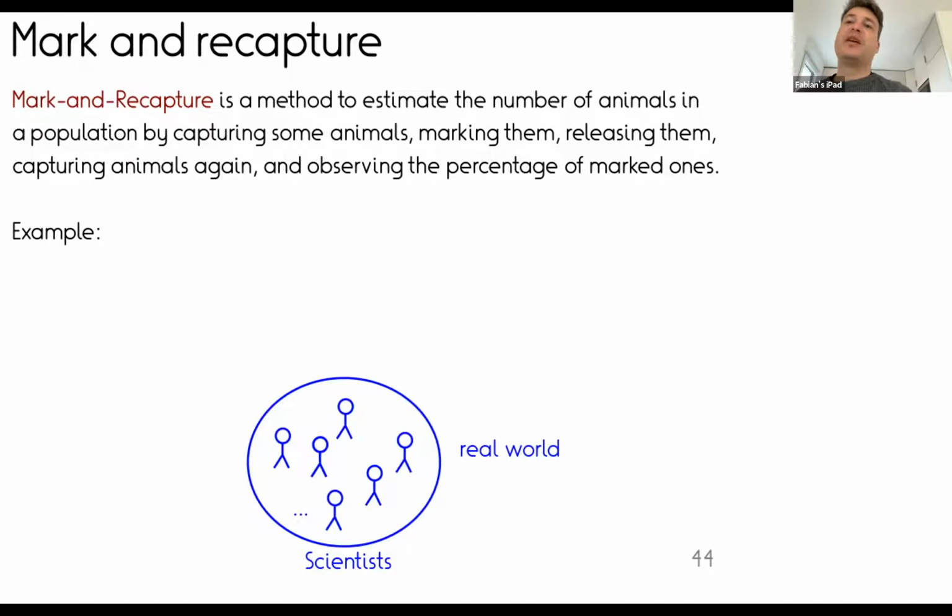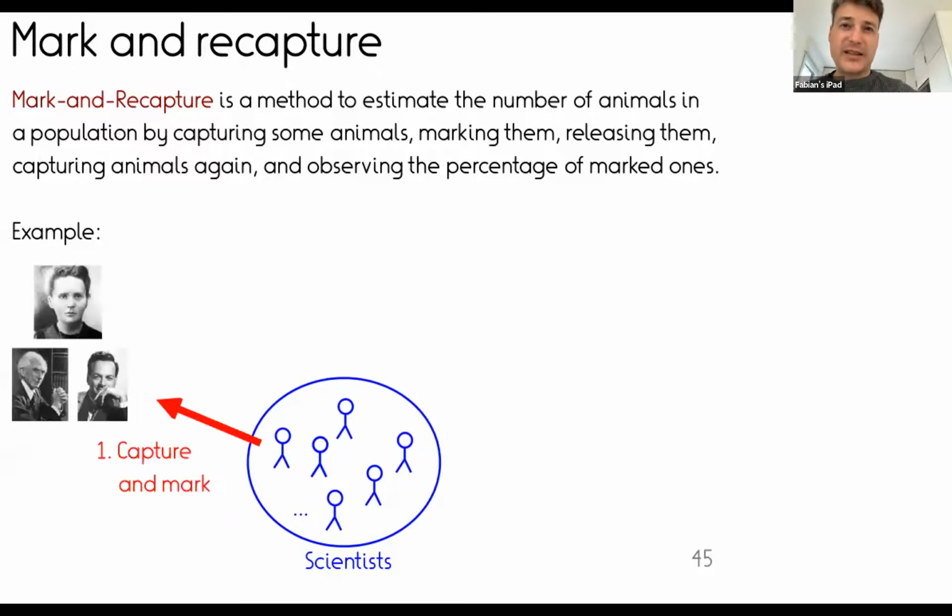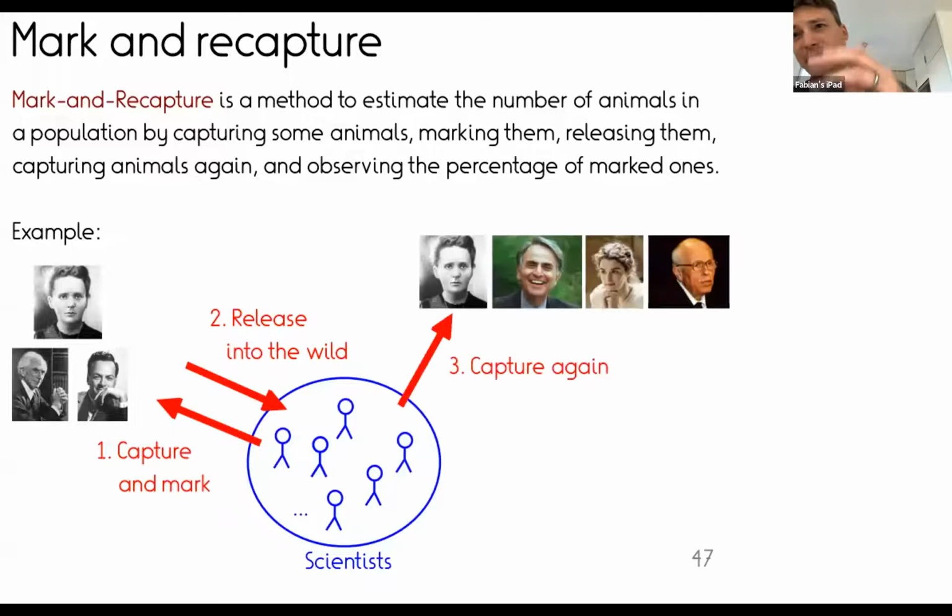So in our example, here are the scientists from the real world. You would capture some scientists, you would mark them, you know, with a ring around their foot or something. You would release them back into the wild. Then you would capture them again, and you would naturally get some overlap of the scientists you captured last time. So here, these are the black and white scientists.